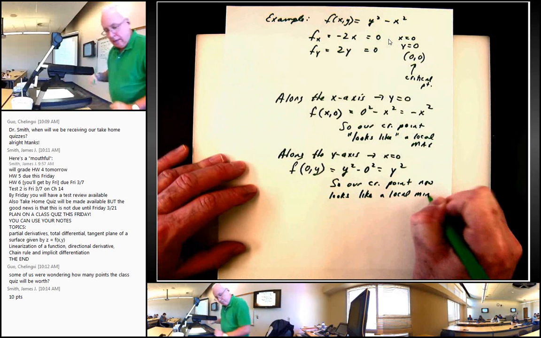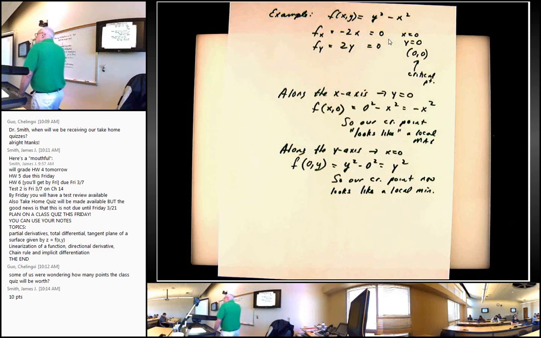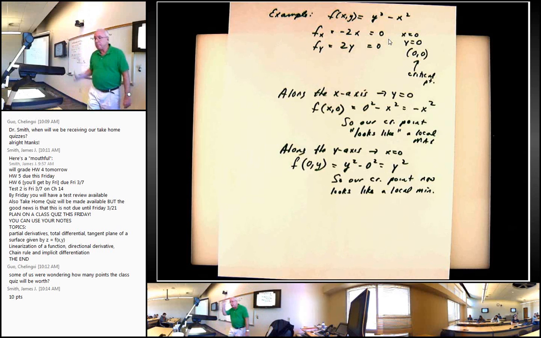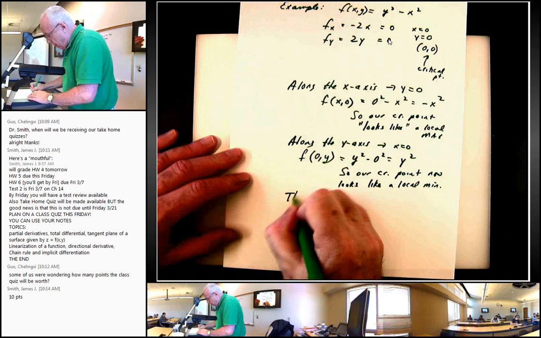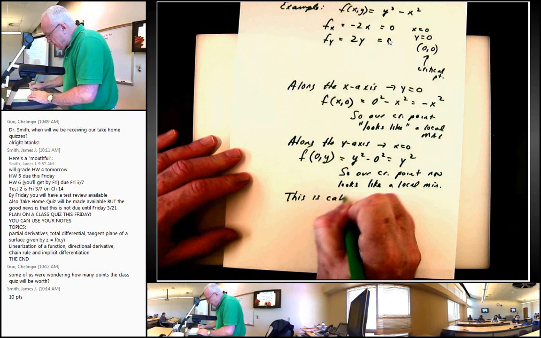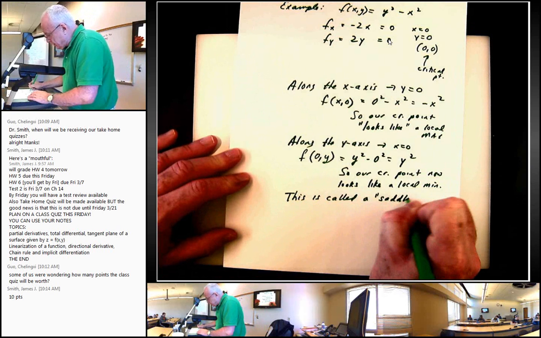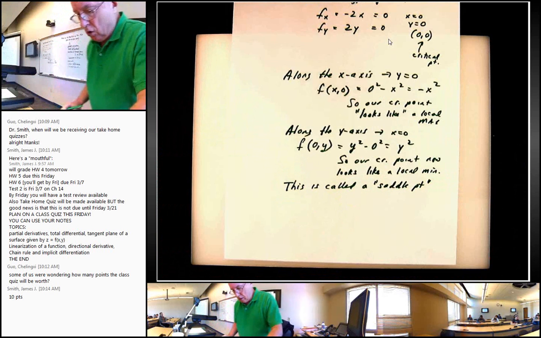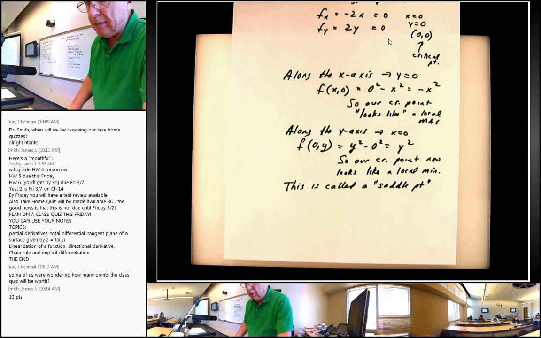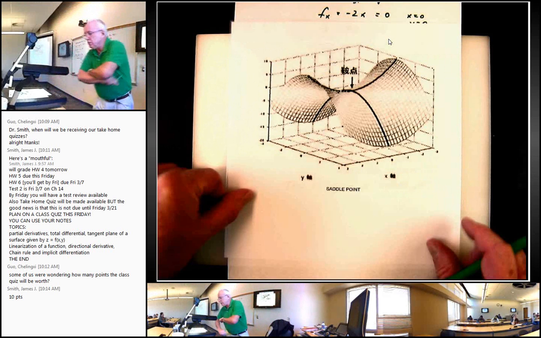Okay, this phenomenon is called a saddle point. I've got a little picture here to show why we have that name. Here's my saddle right here. Let's look at this function.